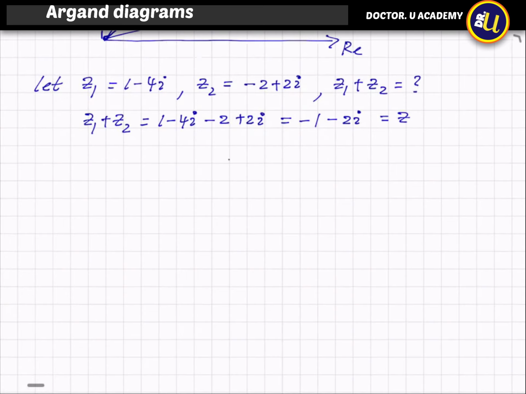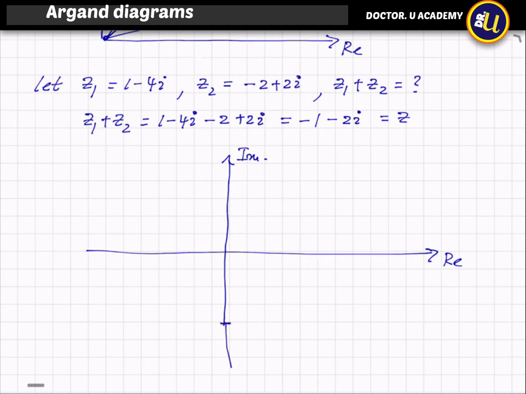Now pictorially we have to draw that. This is the real axis and this is the imaginary axis. First of all, z1 is 1 minus 4i, so 4i is here, and 1 minus 4i should be here. This is going to be your z1.